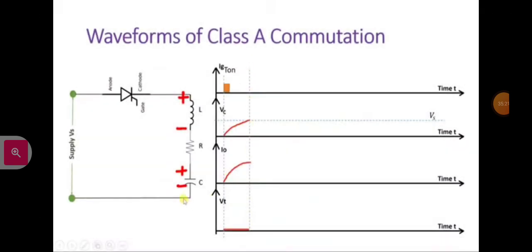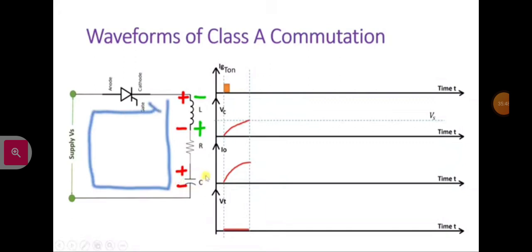Now, once the capacitor voltage reaches the supply voltage Vs, you will observe this inductor has stored some energy with this polarity plus minus. As this inductor has stored some energy, now the polarity of the inductor will change. It will become minus plus, and this inductor will start to discharge. That discharging will give energy to the capacitor, so the capacitor will further charge up to some extent, you can see. But here this output current will start to decrease and it will get to 0.